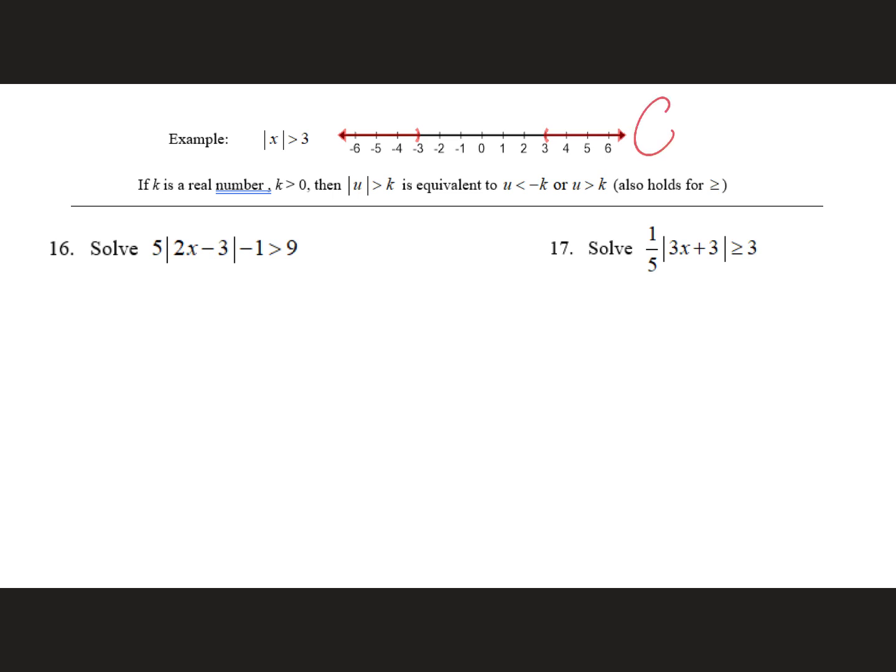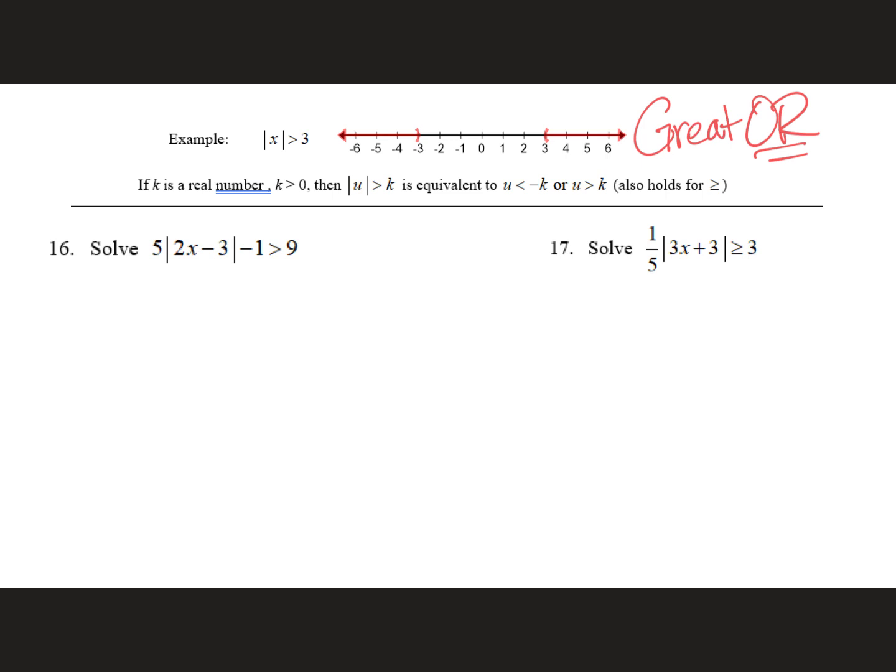If it's greater, then it is great-or, being a union, or being the outside. So how do I solve this? Well, in this problem, 5 times the absolute value of 2x minus 1, I'm sorry, I read that wrong. 5 absolute value of 2x minus 3 minus 1 is greater than 9.